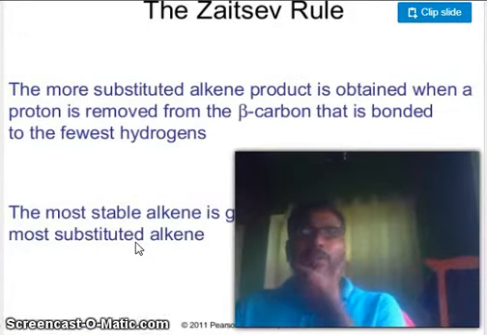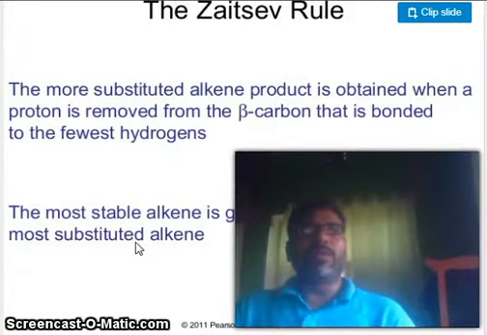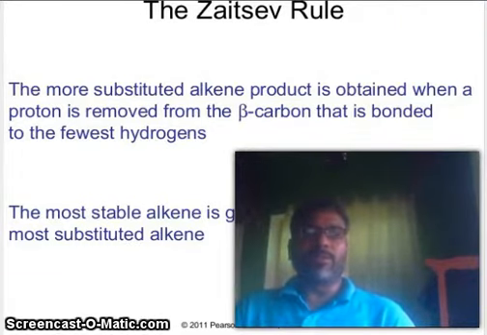So there is a rule, known as Zaitsev's rule. The more substituted alkene product is obtained when a proton is removed from the beta carbon that is bonded to the fewest hydrogens. The most stable alkene is generally, but not always, the most substituted alkene.